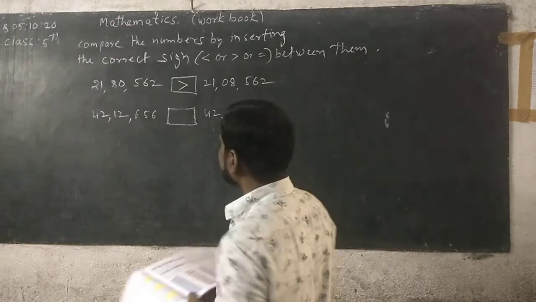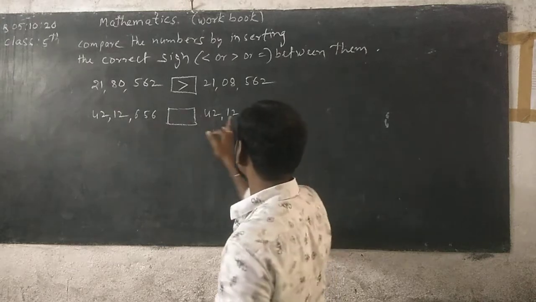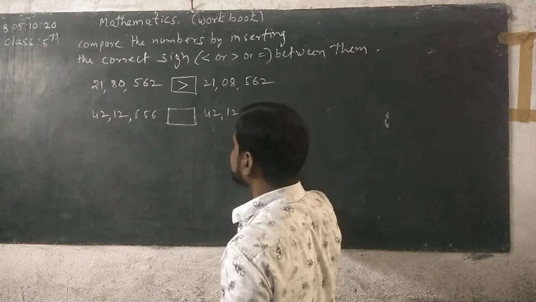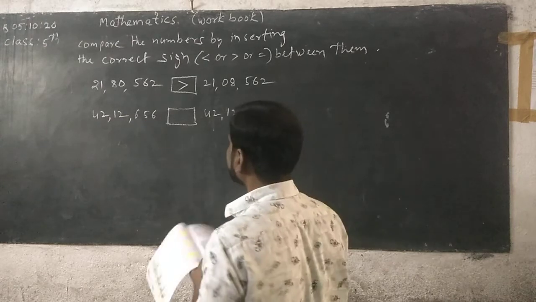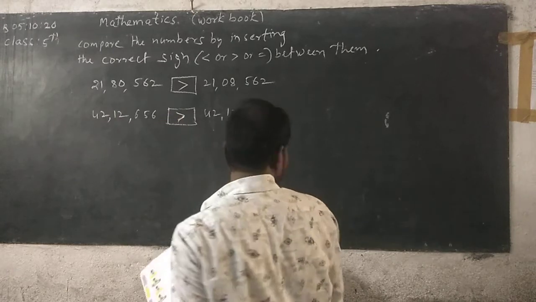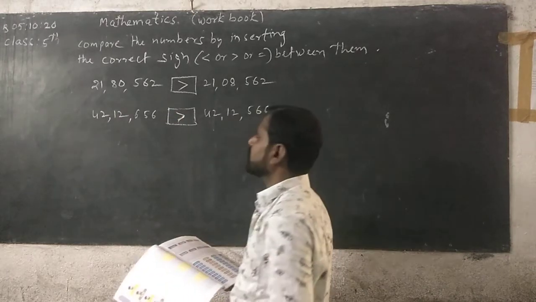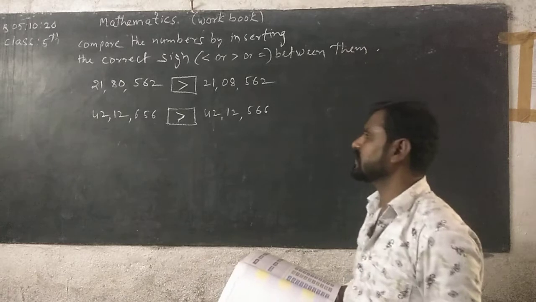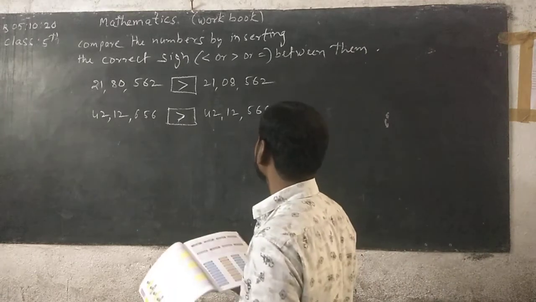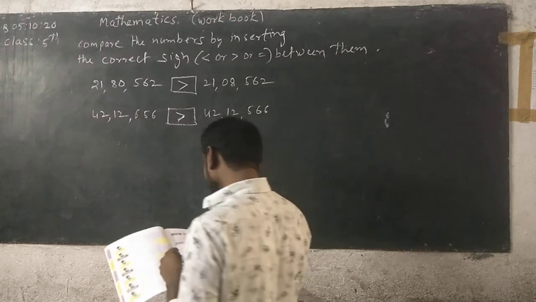See here 42 lakh, 12,000 same. 656, 566. So this is greater than this. So you can write the greater than symbol. Now 42,12,656 is greater than 42,12,566.